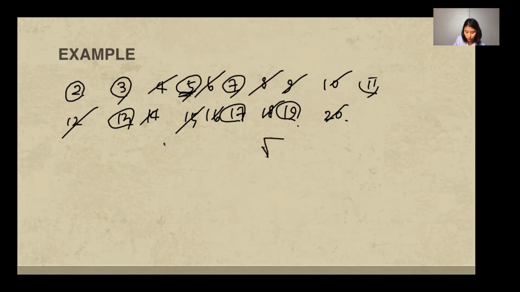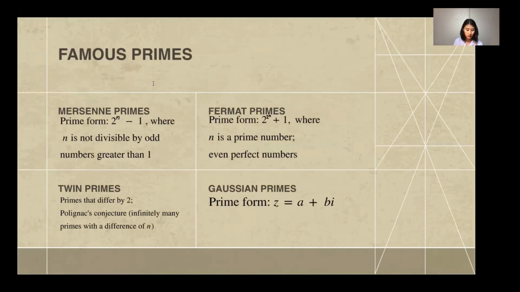This is also true because the square root of 20 is less than 5, so any number bigger than or equal to 5 would be circled, and those would be the primes.